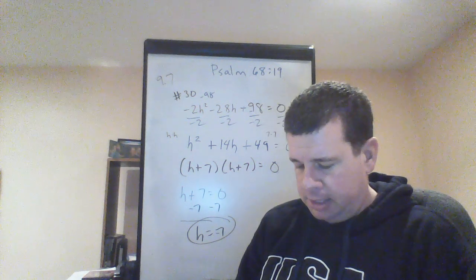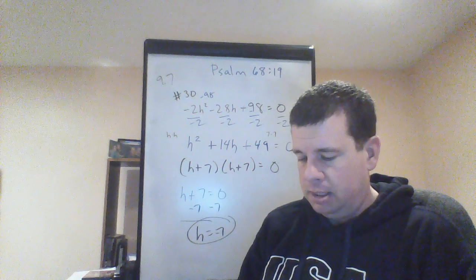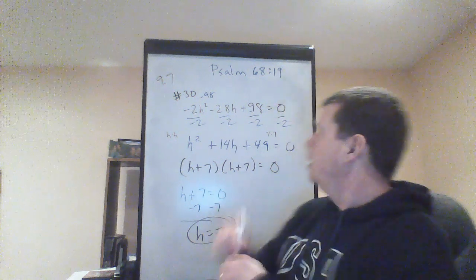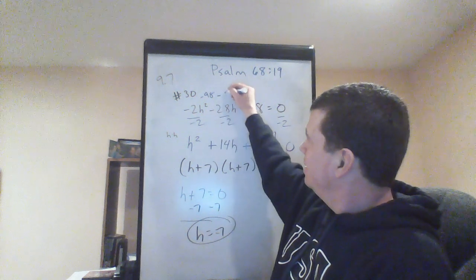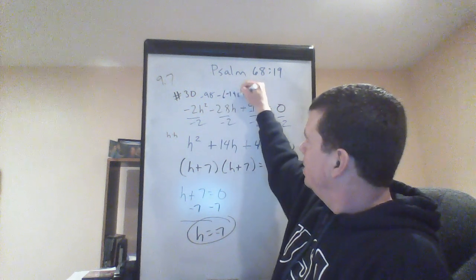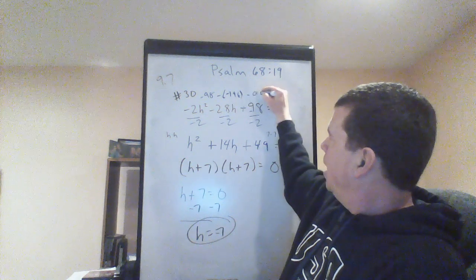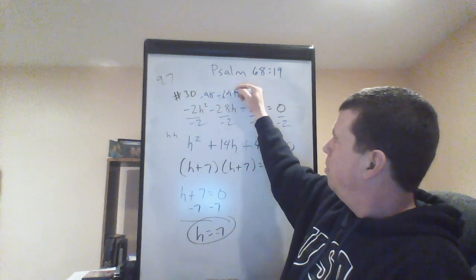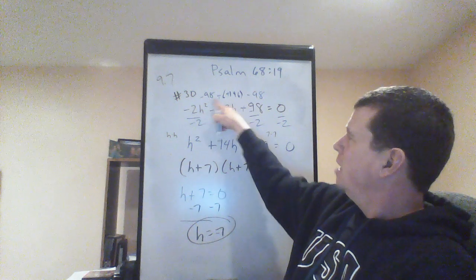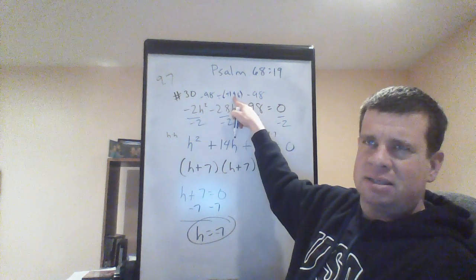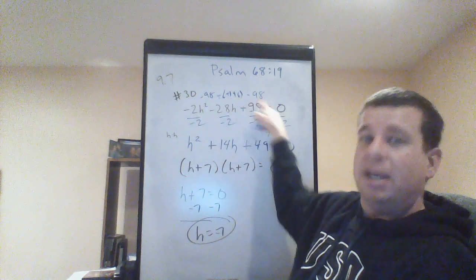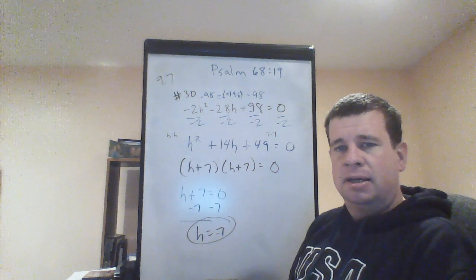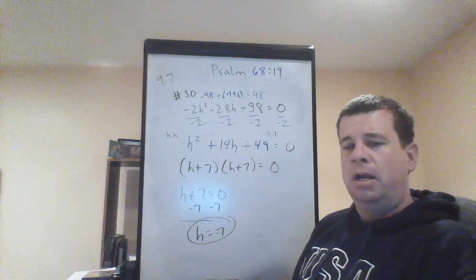So 28 times negative 7 is negative 196. So that's minus negative 196, and then again it was minus 98. So negative 98 plus 196 is 98, minus 98 does equal 0. So negative 7 does make that equation true.